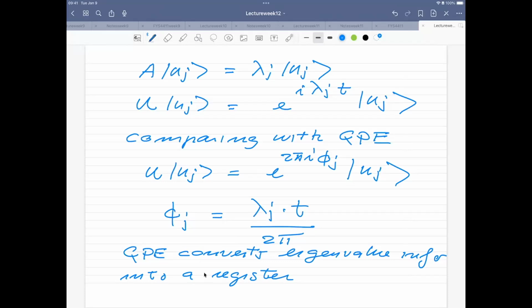So this is where we have the QPE element, into a register that can later control operations.